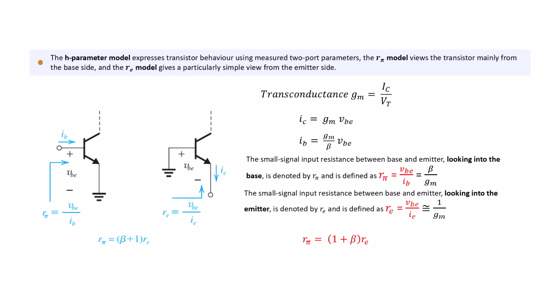That gives R-Pi looking into the base equal to Vbe over Ib or beta over Gm, and Re looking into the emitter equal to Vbe over Ie, approximately 1 over Gm. The two are related simply. R-Pi equals 1 plus beta times Re.